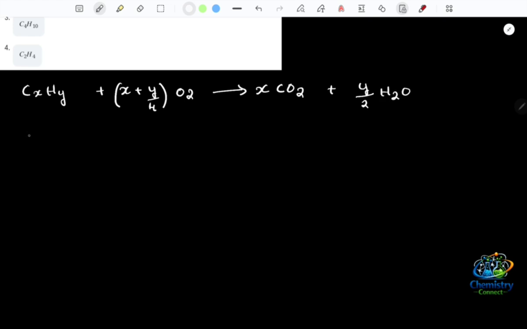So here how many moles are there? Here 1 mole is there. And here there will be x plus y by 4 moles of oxygen, and here x moles of carbon dioxide, and this one will be y by 2 moles of water.